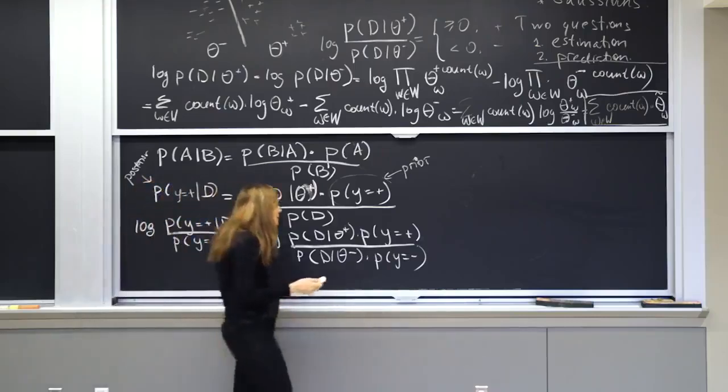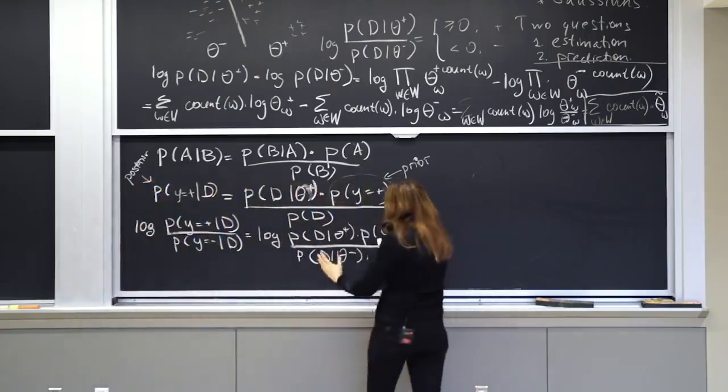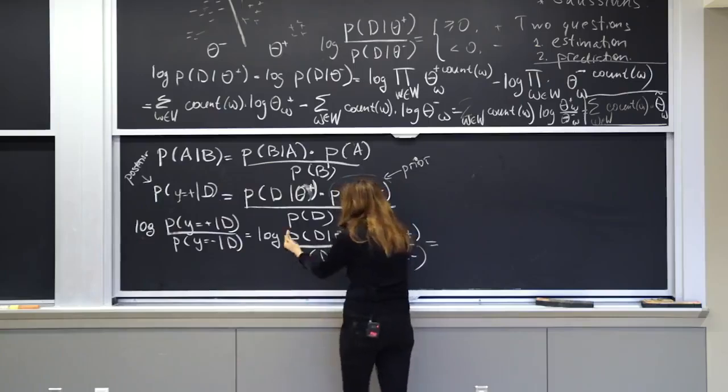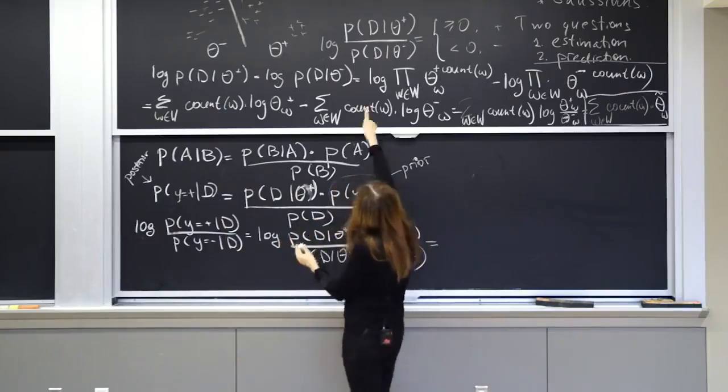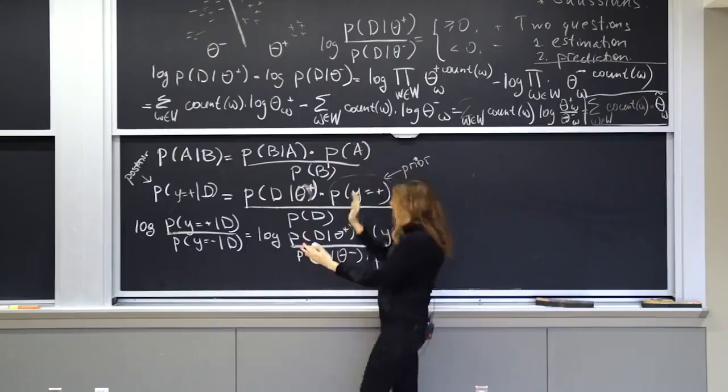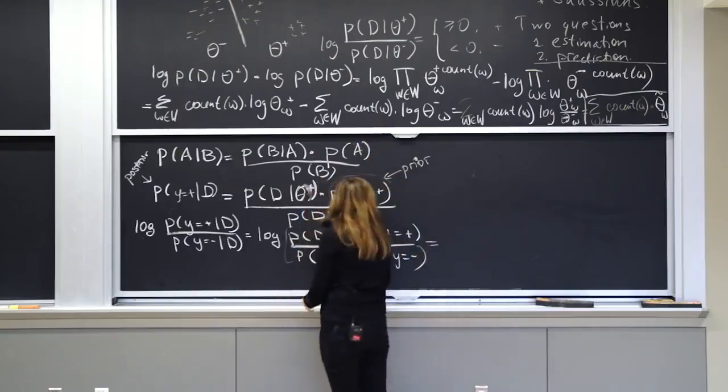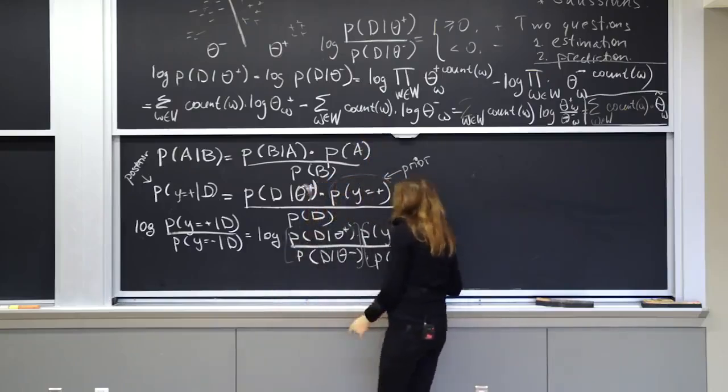Okay? So now, again because of the log, I'm going to separate it into two subparts. This subpart we have already seen in the past, correct? So I want to separate this portion from this portion. Okay?